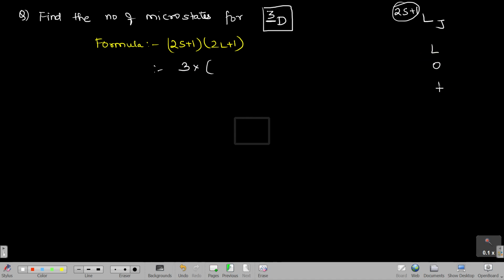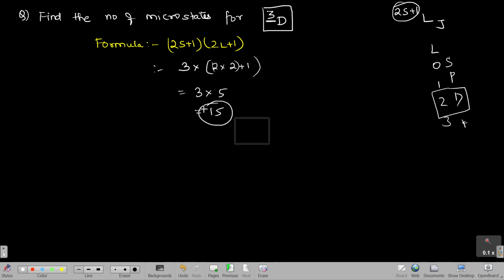We know that L is equal to 0, 1, 2, 3 for S, P, D, F. So here D, for which the L value is 2. So 2 into 2 plus 1, right? So basically you will have 3 into 5, which is equal to 15. So the number of microstates that are possible for triplet D is equal to 15.